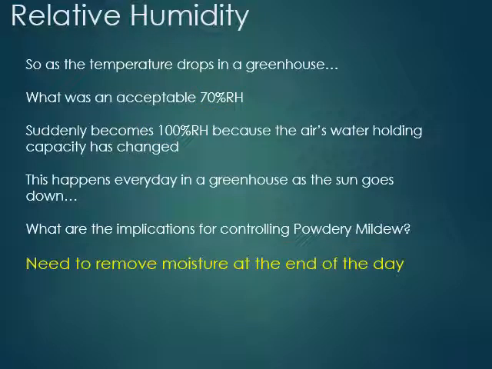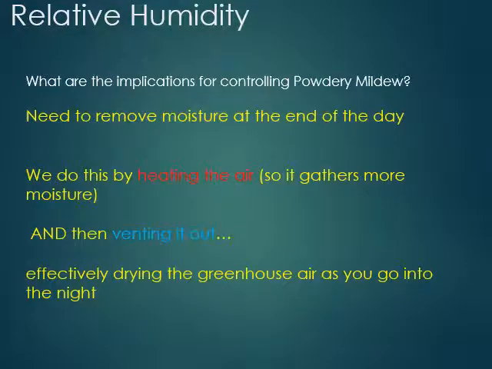So what do we do for powdery mildew? We need to remove the moisture at the end of the day. So for growing crops that are prone to powdery mildew, this is standard growing practice where towards the end of the day you open the vents, but that may not be just enough. Oftentimes there's a process I call heat and burp. Effectively, you release some heat into the greenhouse, whether it's hot water in your pipes or turning a furnace on for a short time, which raises the temperature.